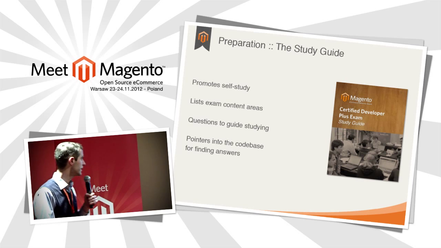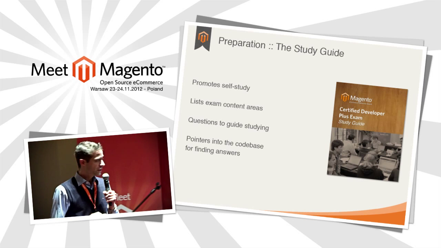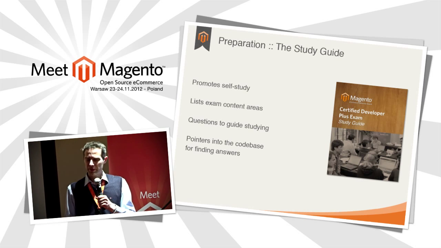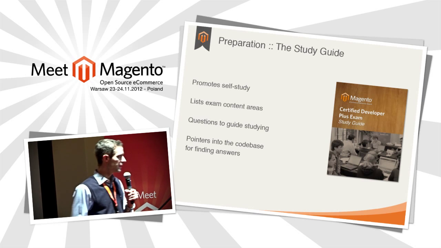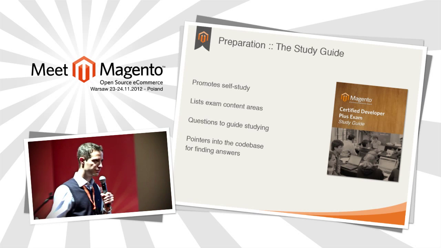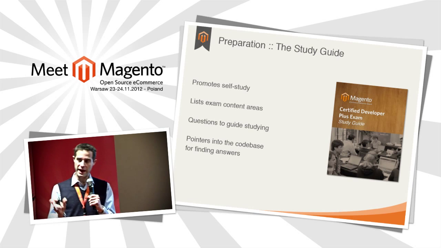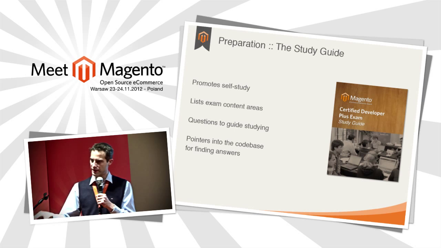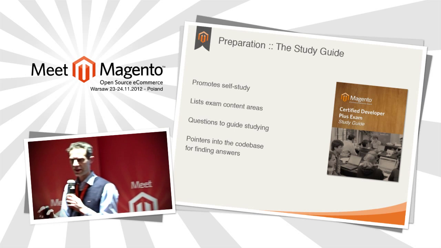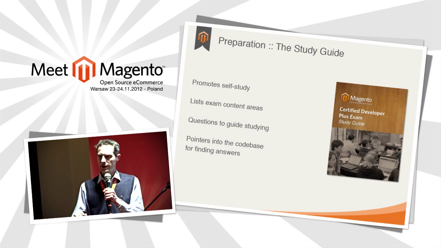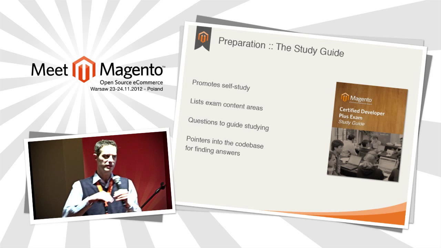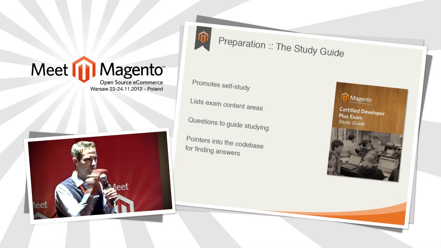Okay, how to get certified? For the preparation, we have not a lot of material, but some material. One is the study guide, which is a PDF. It can be downloaded freely from the site. It lists the exam areas, so every content area that's covered by the exam is listed there, together with a percentage, like, I'm making these up right now, but maybe catalogs 8%, checkouts 10%, sales rules 5%, something like that.